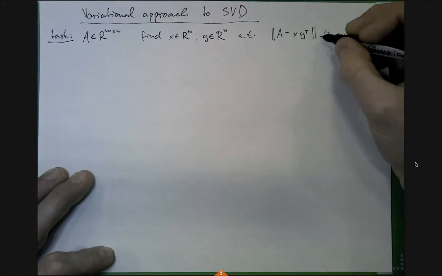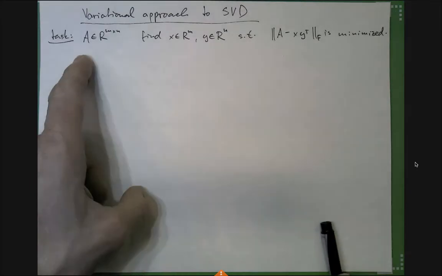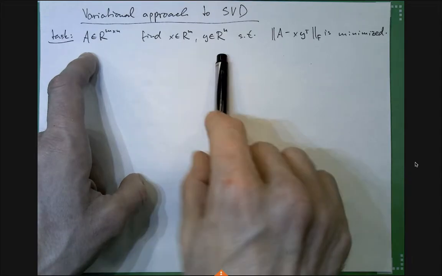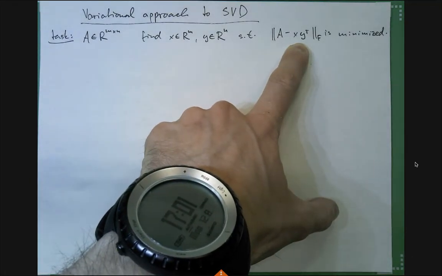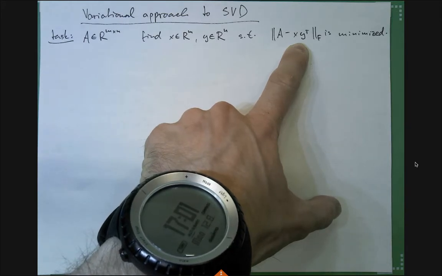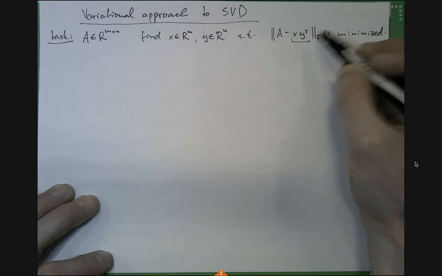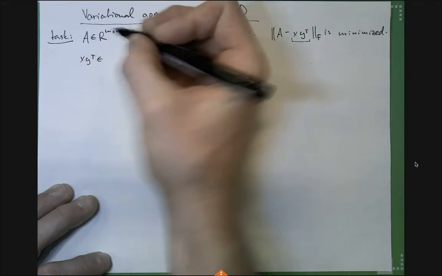Okay, so this is a Frobenius norm. What I'm asking is, we are given a matrix, and I need to find two vectors such that when I do the outer product xy^T... First of all, let's spend a minute talking about the outer product xy^T. What is it type-wise?